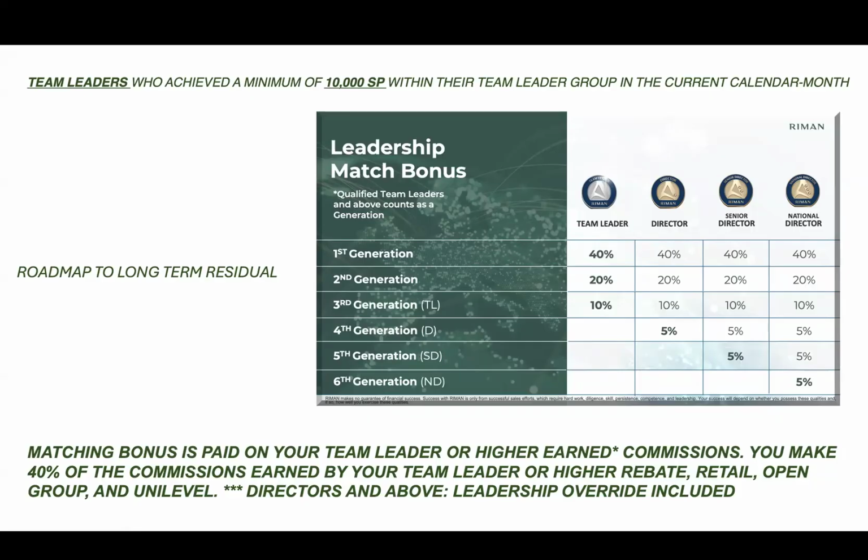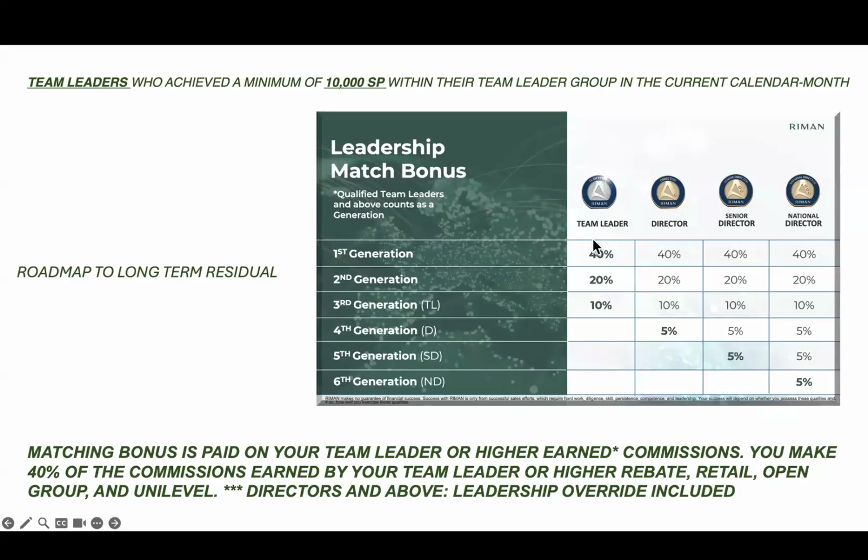Think of that like my first cousin, okay? And so on. If your first generation team leader promotes another team leader in their business, that will be their first generation, and it will be your second generation, right?